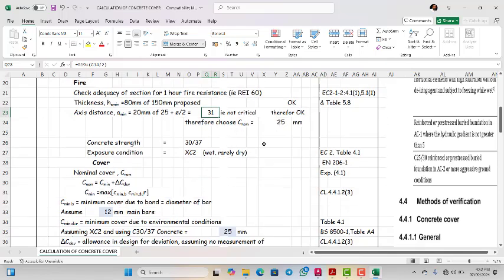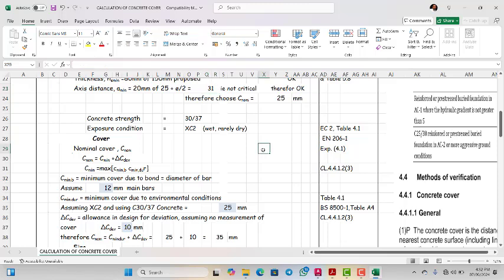Okay, so in a situation where you say I'm changing my concrete strength to 30/37, remember that this 30 is your cylinder strength while the 37 is your cube strength. Let my exposure condition be XC2, wet, rarely dry.